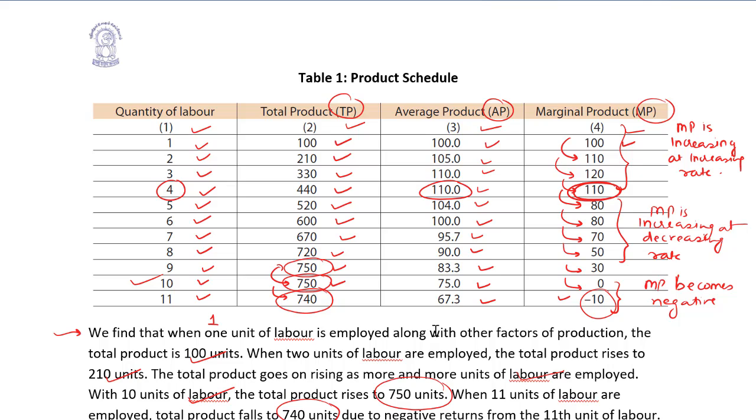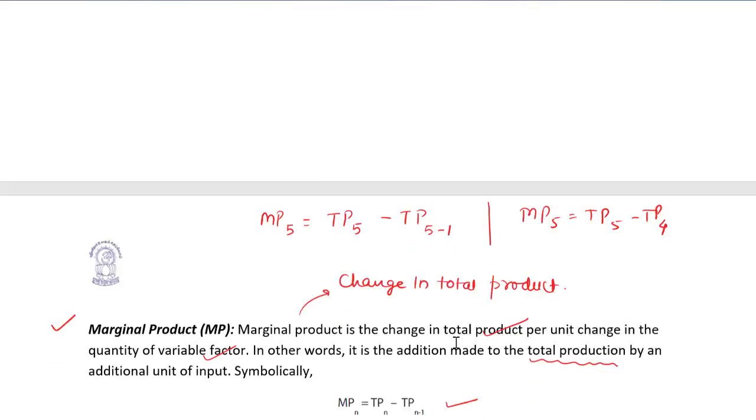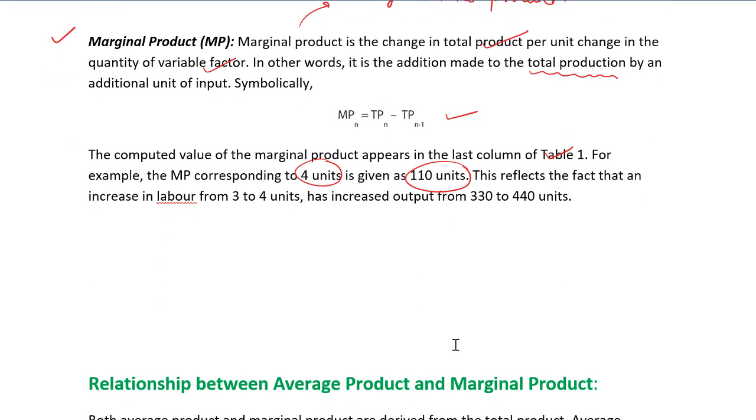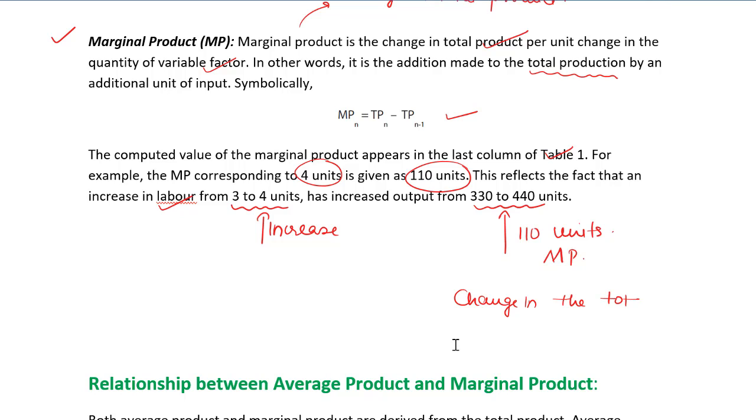This reflects the fact that an increase in labor from 3 to 4 has increased the output from 330 to 440, that is 110 units. This is marginal product, the change in the total product by using one additional unit.